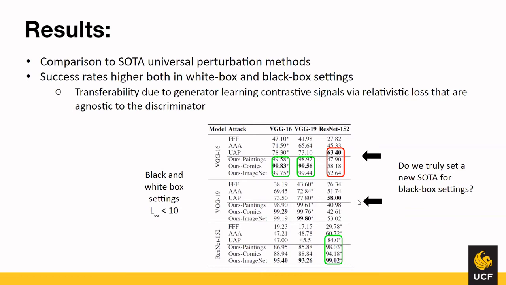They just present this table and say they're setting new state-of-the-arts for both white box and black box. But if you really examine the experimental results here, that's not truly the case in all of the experiments. So that was something interesting I noted when analyzing these results. Overall, though, the generative attack does outperform these other universal adversarial perturbations.